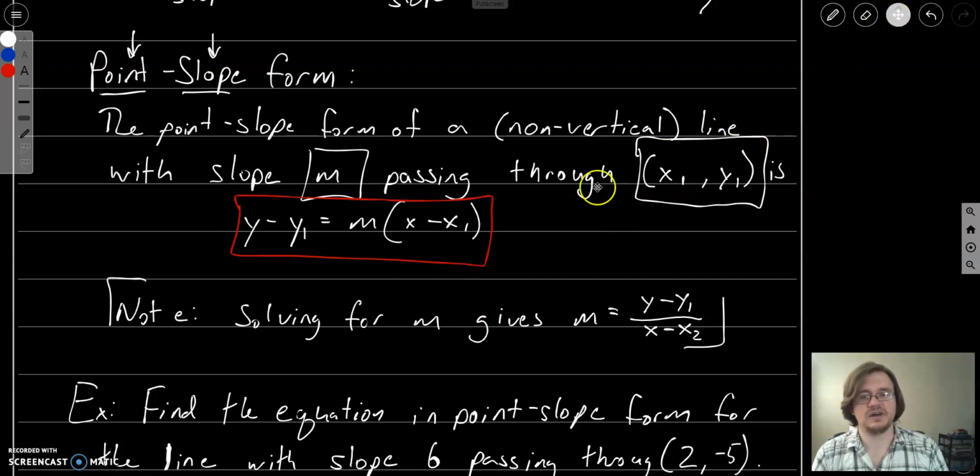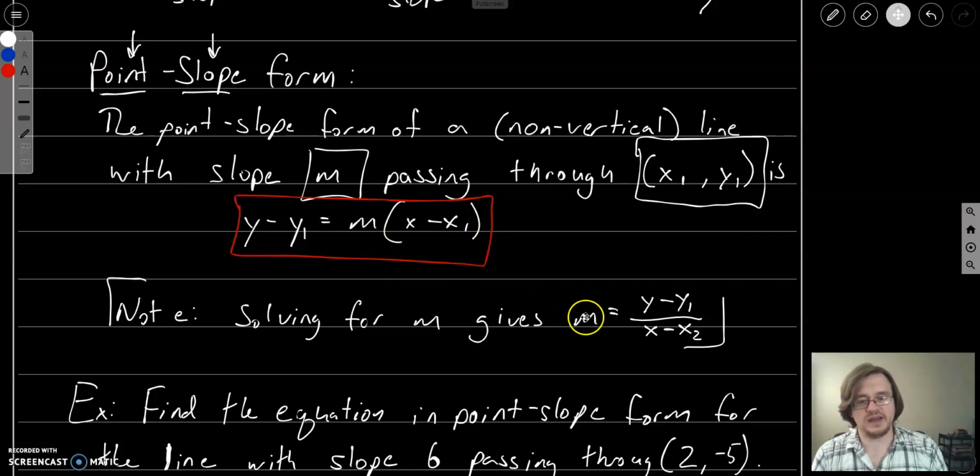Now, before I do any examples, when we look at this, we have y minus y1, so this is y minus the y coordinate of the point, is equal to m, which is the slope, times x minus x1, and x1 is the x coordinate of the point it passes through. So we can just plug in here, we've got our point x1, y1, and our slope m.